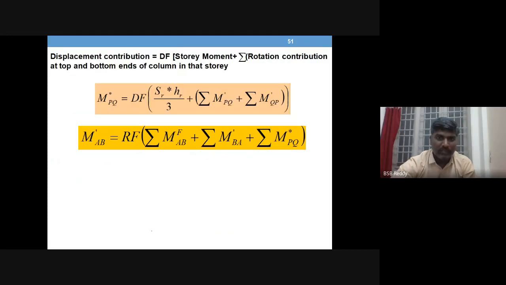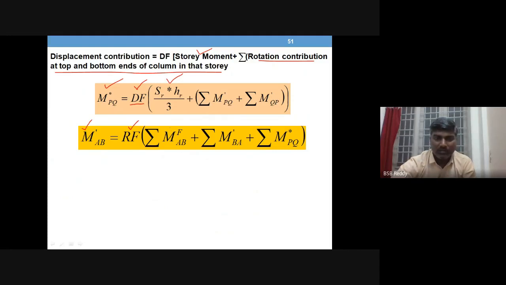Further, the displacement contribution is just now found. Displacement factor, that means minus 3 by 2 k by sigma k, is replaced with this notation. Story moment, and rotation contribution at top and bottom ends of column, all the columns in that story. And how do you get rotation contribution? It is very similar.